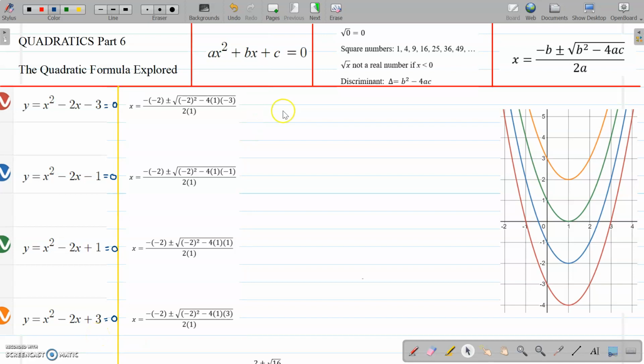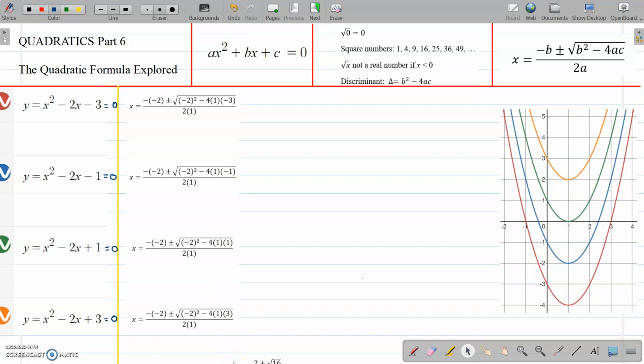In each one, all I've done is replace the a, b and c in the formula with the numbers: 1 for a, -2 for b in all cases, and for c, whichever of these it is, -3 in the first one, -1 in the second, and so on.